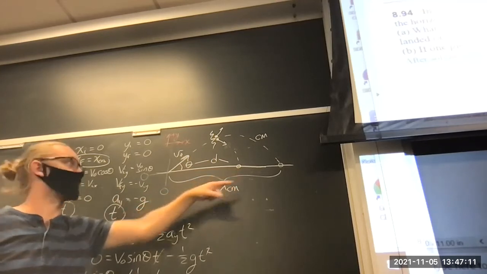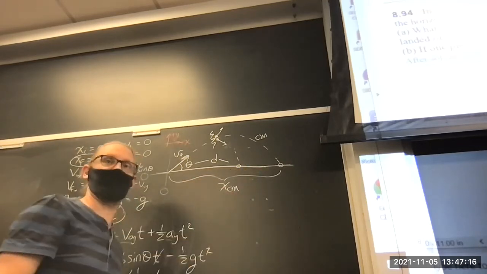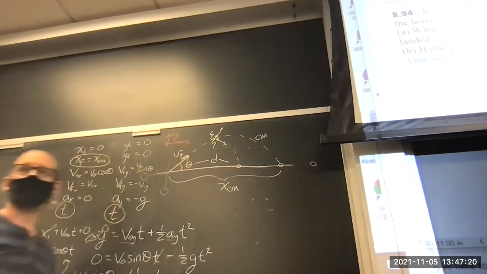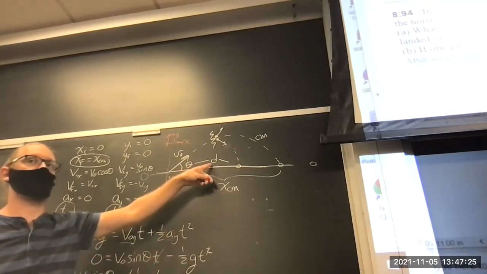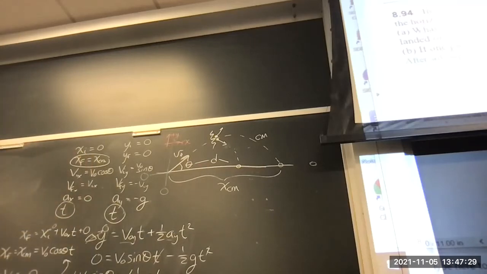XCM plus d. Good. Well, you're right. Not necessarily plus d, but on the other side of the center of mass, right? Somewhere over here. So xcm plus, or xcm minus d. We don't know that it's going to be d yet. Is it going to be the same, the difference between xcm and d, for the other part? That's what we're going to find out.